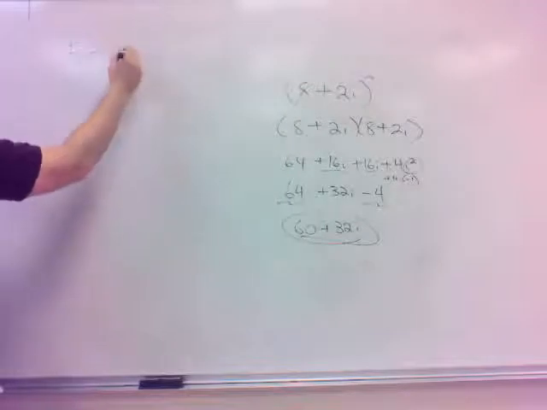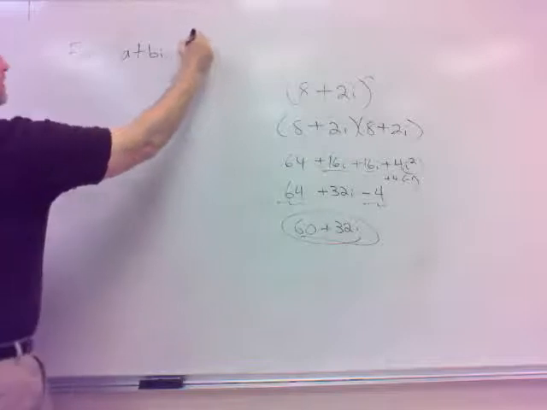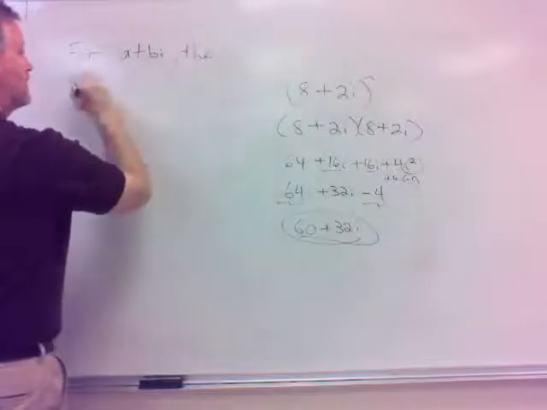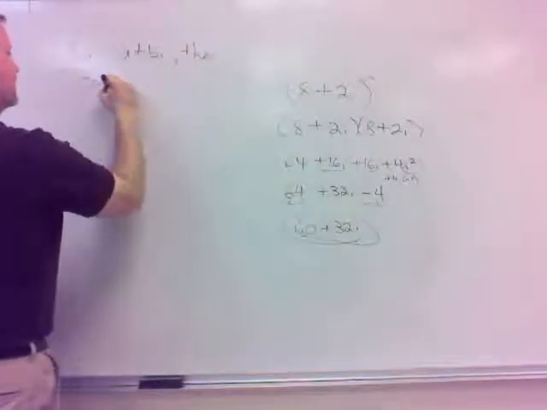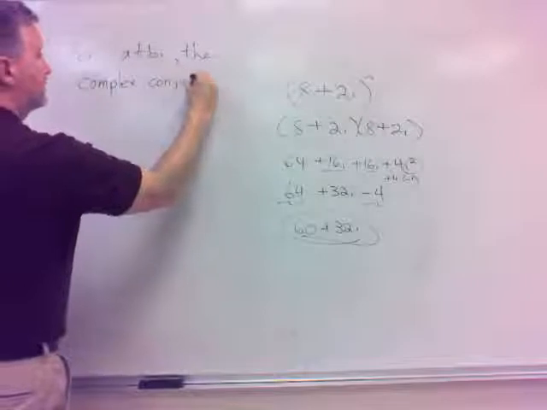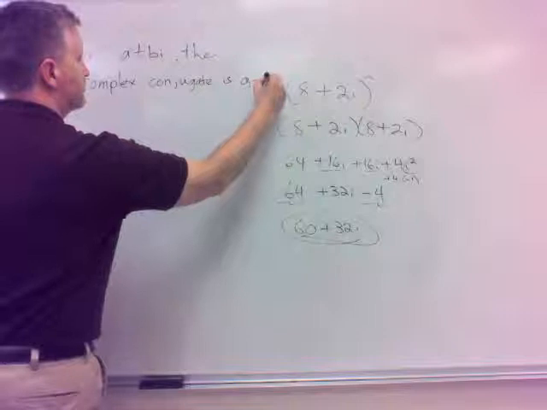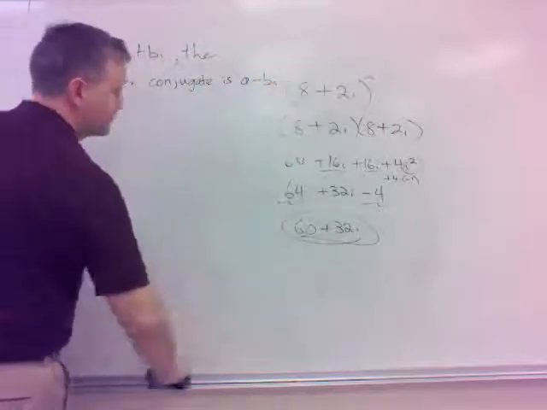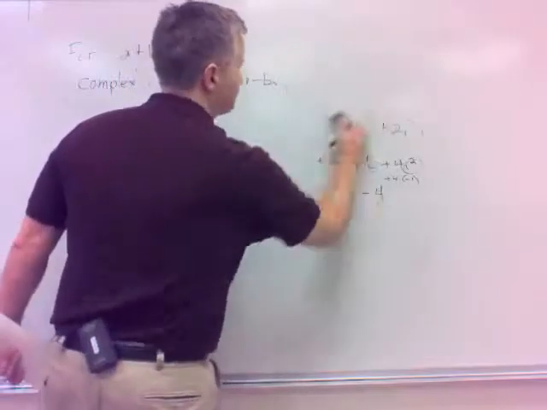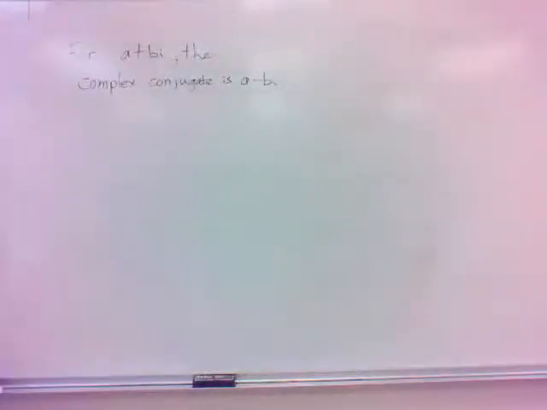For the complex number a plus bi, the so-called complex conjugate is a minus bi. So if I have a plus bi, a minus bi is called its conjugate.